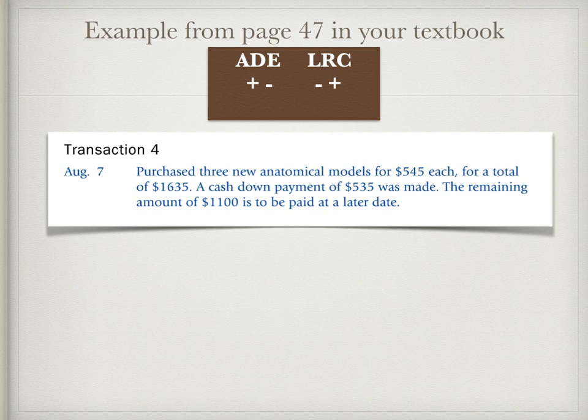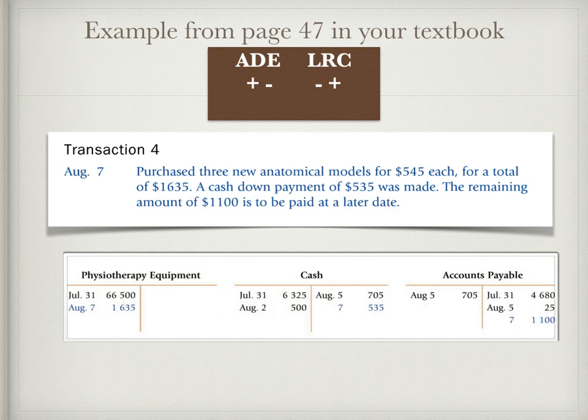Now let's have a look and see how we paid for this. First of all, we made a cash down payment of $535. So that means our cash is going down. We didn't pay for everything. So the remaining amount of $1,100 is to be paid at a later date. So our accounts payable is going up by $1,100.